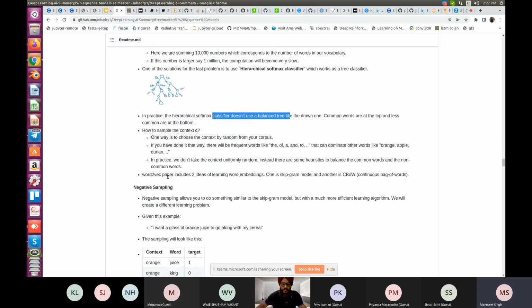So how do we sample the context? How do we know which words are the context for the target words? One way is to choose the context randomly from the corpus. So you would basically have some target words, and now we are talking about choosing the context words.